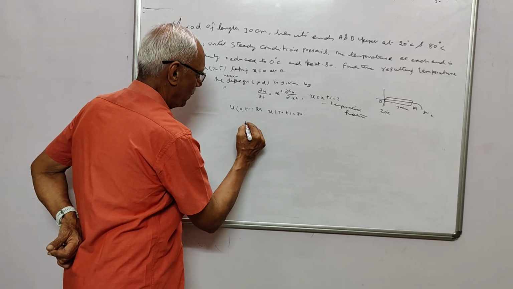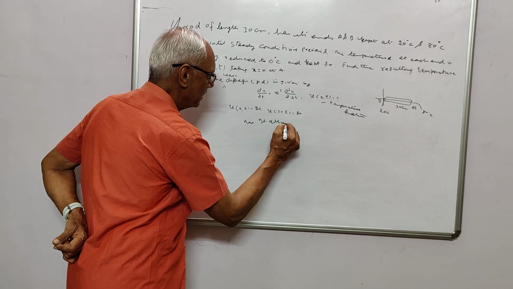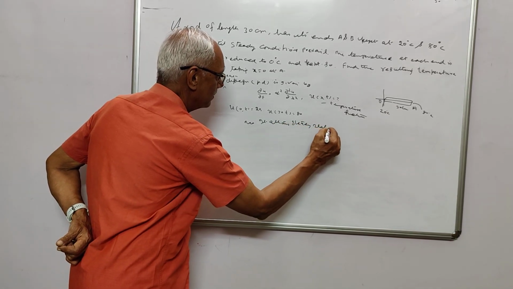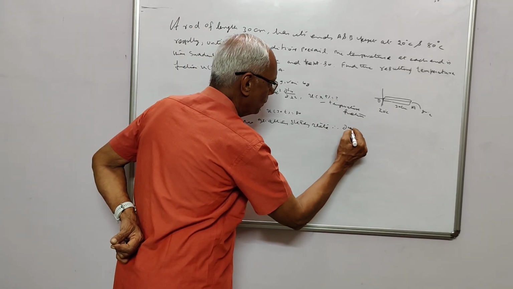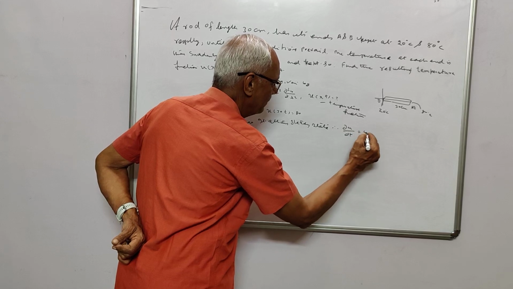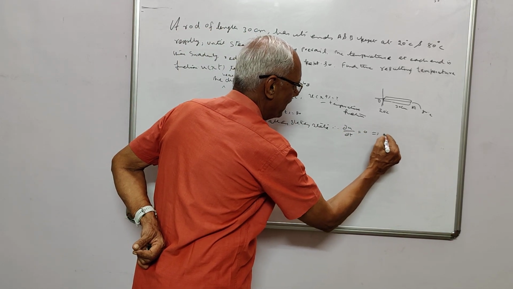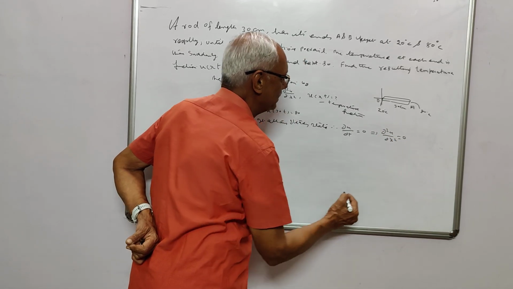Now it attains steady state. Therefore the derivative of u with respect to t is 0. This implies dou squared u by dou x squared is equal to 0.